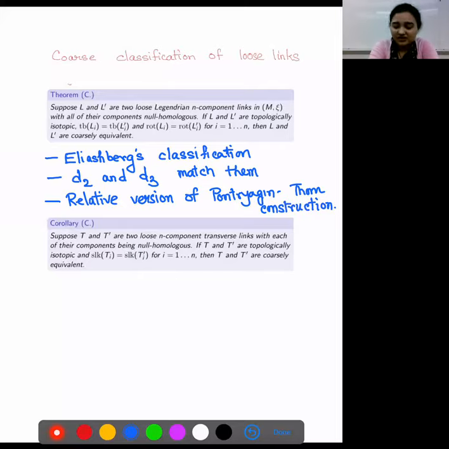As a corollary, if T and T prime are two loose n component transverse links, with each of their components being null homologous, and they are topologically isotopic and have the same self-linking number component wise, then they are coarsely equivalent.